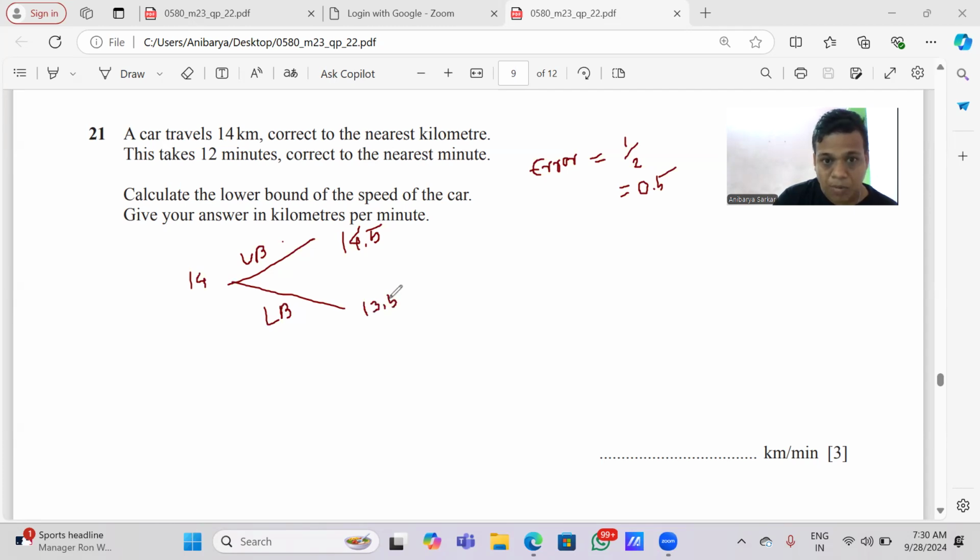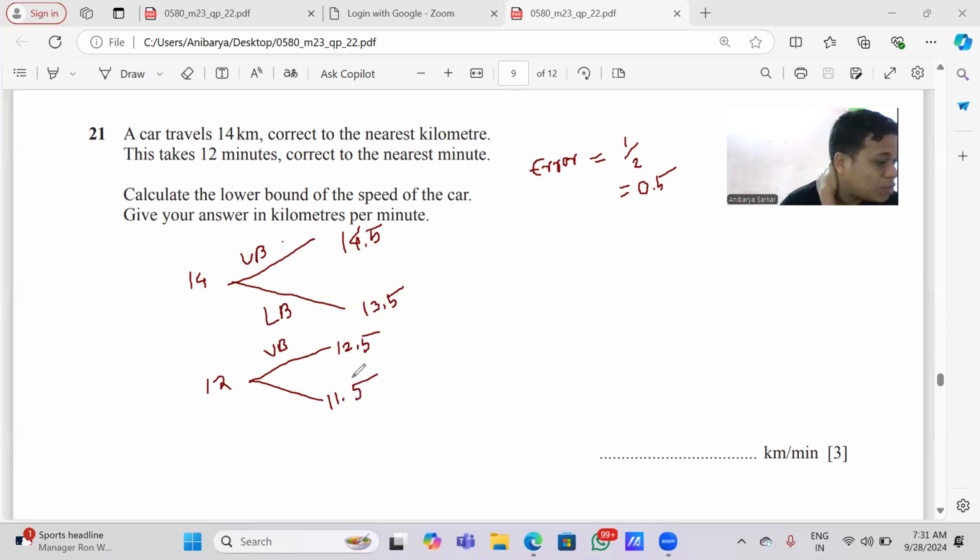Upper bound means original value plus error, similarly lower bound. Next, 12 minutes: upper bound means add 0.5, so 12.5, and lower bound means 12 subtract 0.5, so it is 11.5.